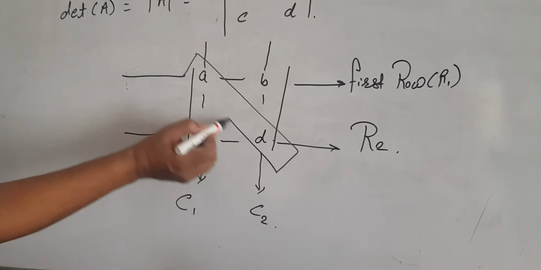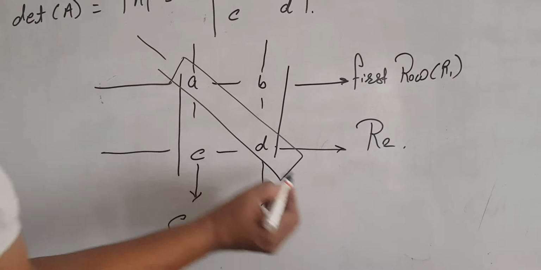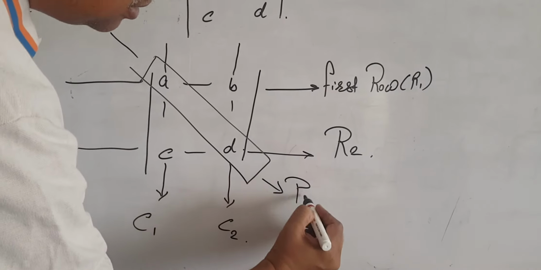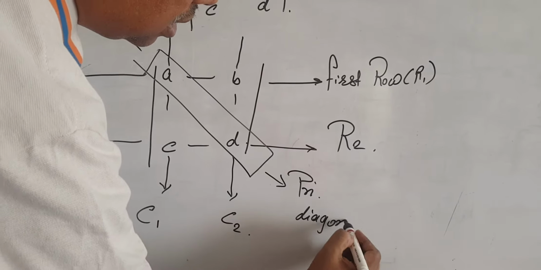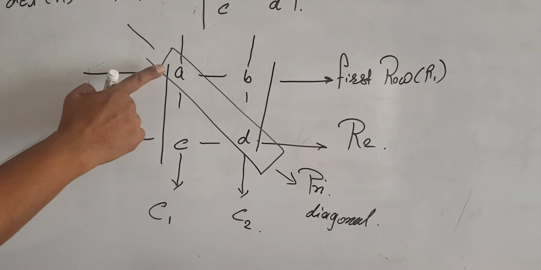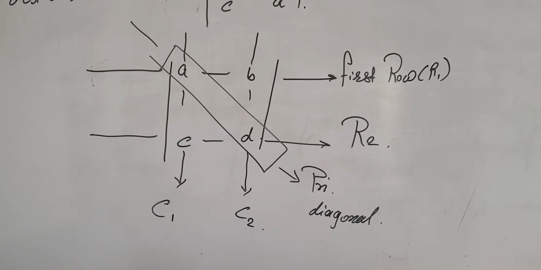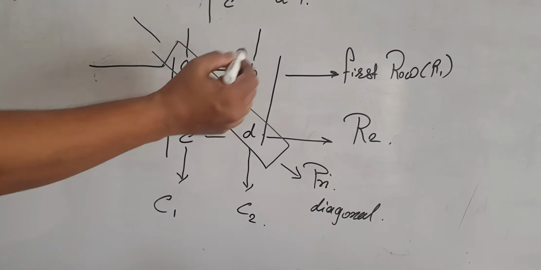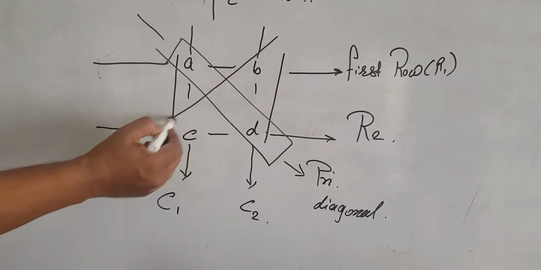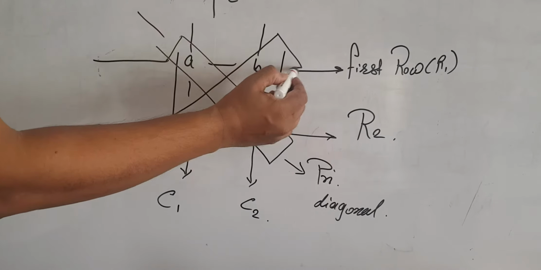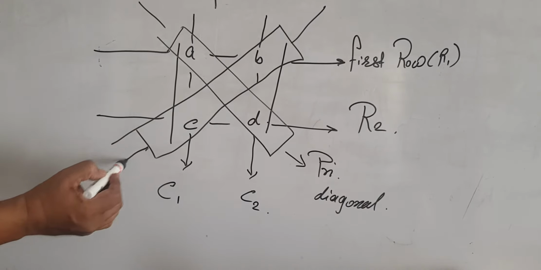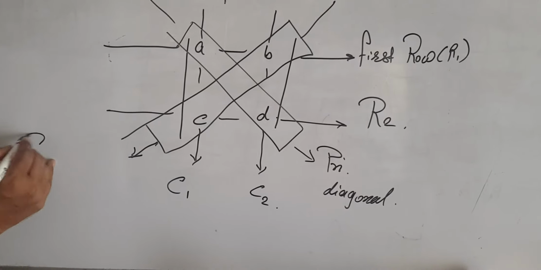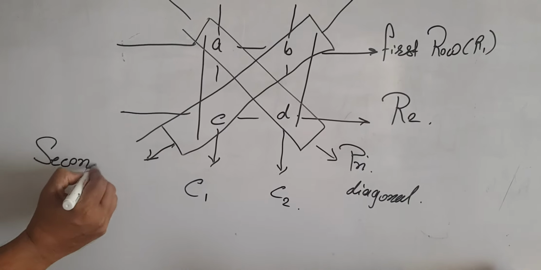The components A and D make the principal diagonal, like this. The elements B and C make the secondary diagonal.